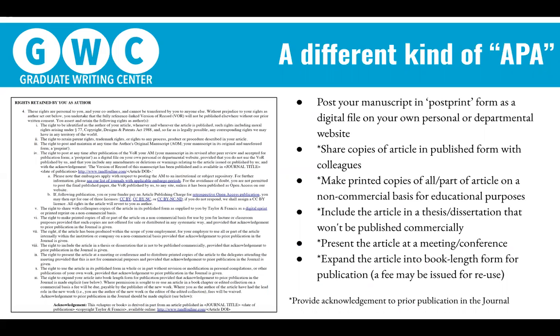But what I thought I would do is just pull out some of the language of the APA document for the journal where I submitted one of my articles. The agreement itself was 3 pages. There's a lot of fine print, as you can see here. There's a section about rights that you are retaining as the author. And this would obviously be shared by your co-author if you are writing collaboratively.